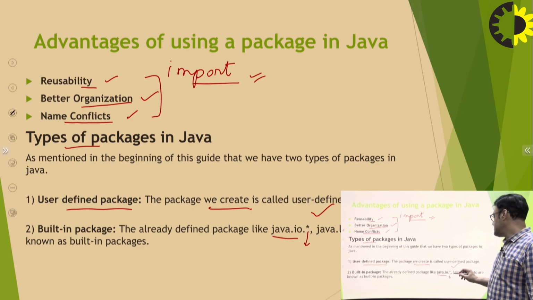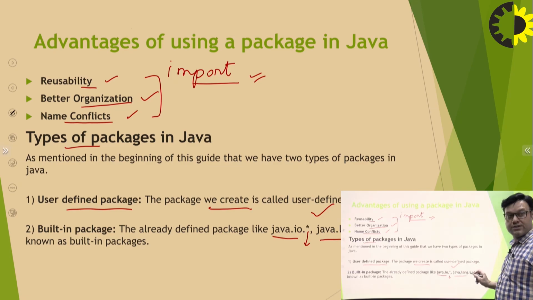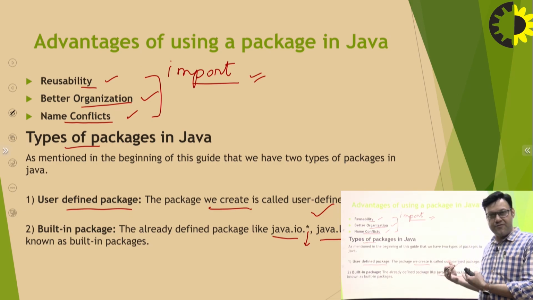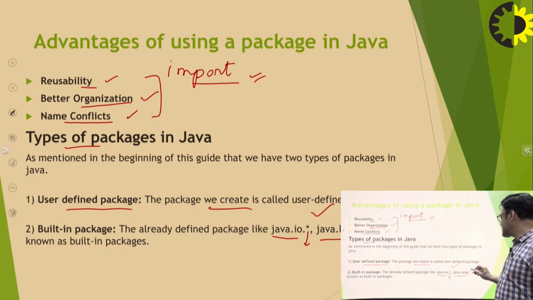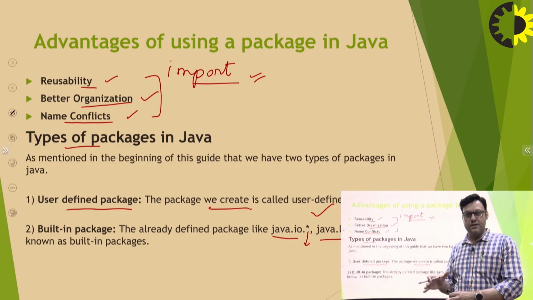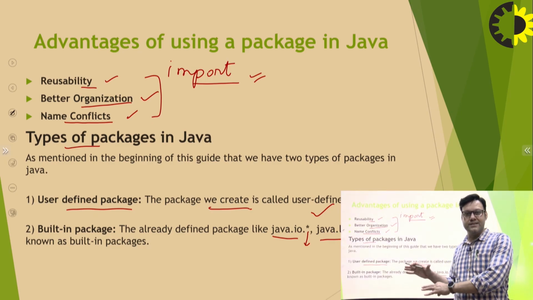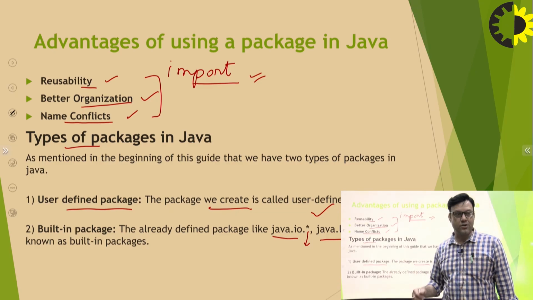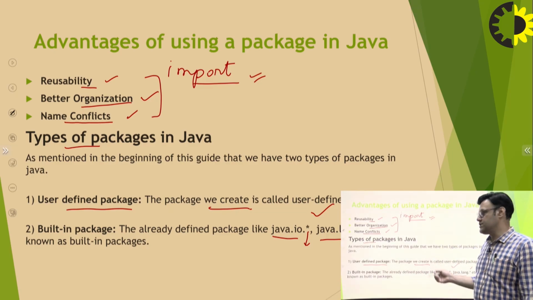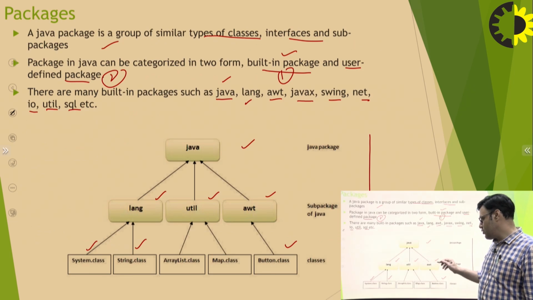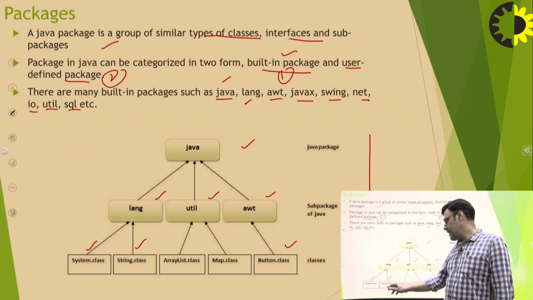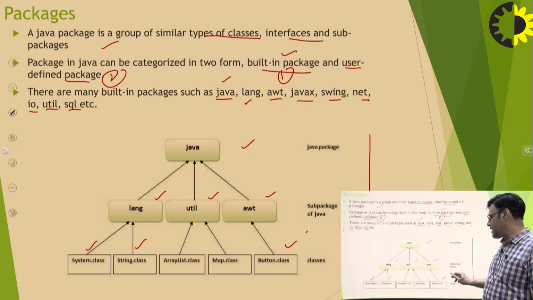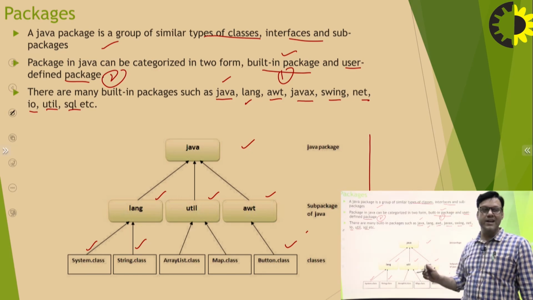With java.lang.*, if I already know a specific class, I will write the name of that class; otherwise I will use the asterisk sign to include all the classes in that language package, and so on. These are called built-in packages. I have shown you this hierarchy: System class, String class, ArrayList class, Map class, Button class. These are all examples of built-in packages.